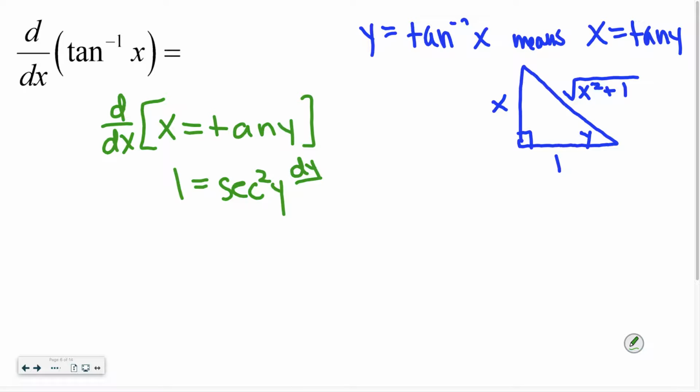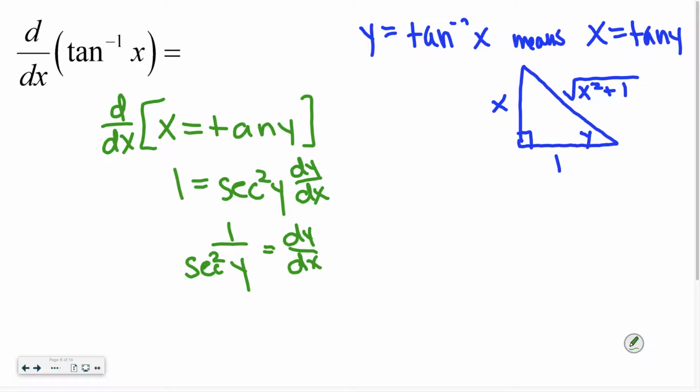Secant squared y dy/dx. Never forget that chain rule. So if we want dy/dx by itself, we would have to divide over secant squared y. And I would be happy with that.